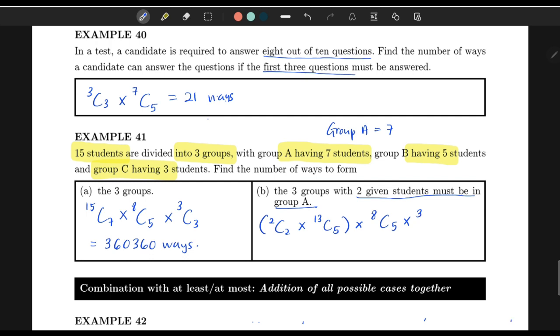So the 3 students we have to choose for group C. So this is for group A, 5 students for group B from 8, and the balance is 3, and we have to choose 3 for group C. So what is the answer? It is 72,072 ways.